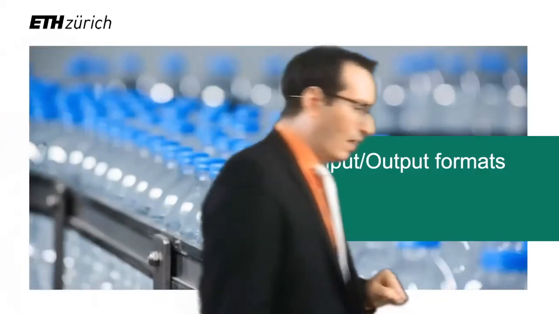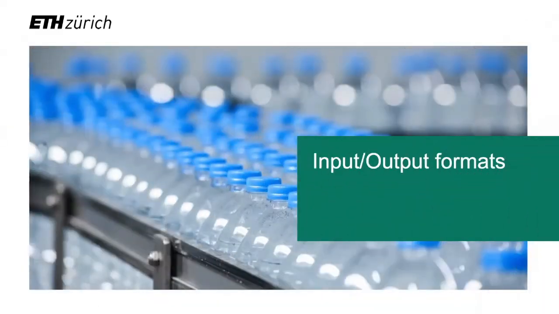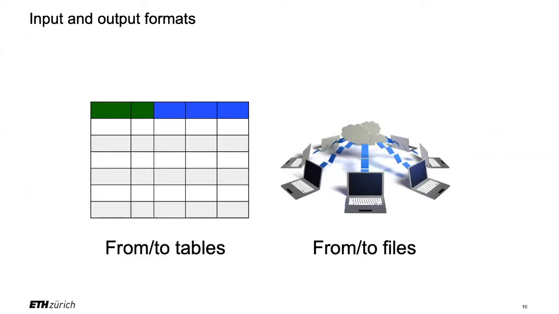Okay. Now I wanted to tell you a bit about the formats for input and output, because there are many places you can read from, many places you can write to. It's very modular, actually. On the very high level, you can either be reading from and writing to a file system, actual files, or you might be reading from or writing to tables.